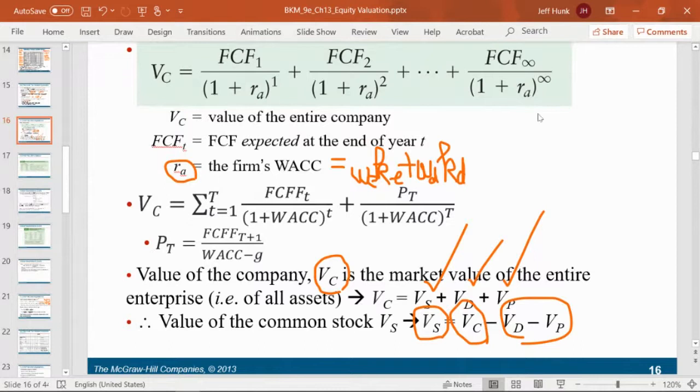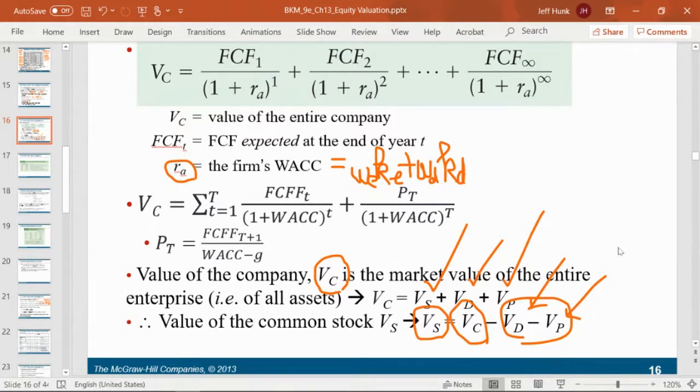preferred stock. And usually, in a very watered down example, this is the market value of the debt and the market value of the preferred stock.